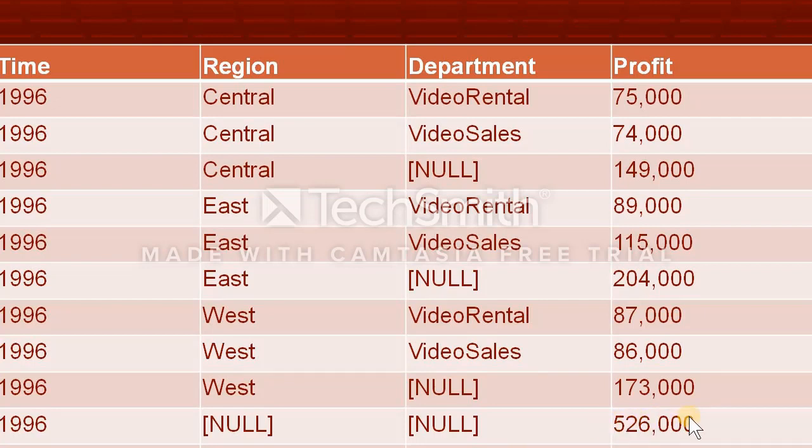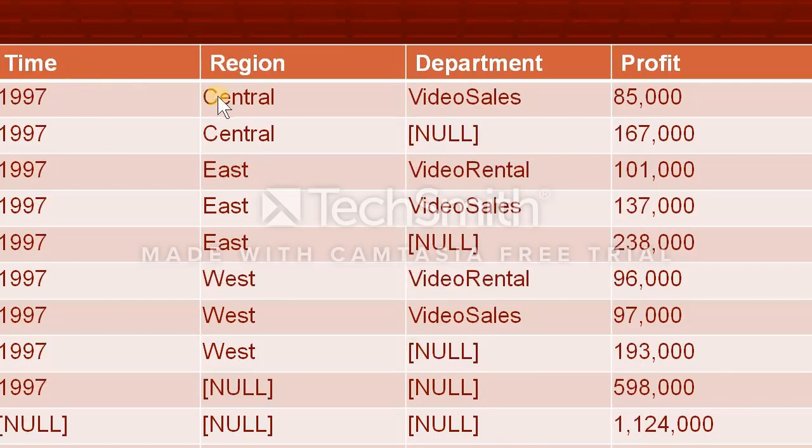Now the similar thing will repeat for 1997 for the central region, and in the central region for all the departments. If we take a look at the last rows, it is again calculating for 1997 for the central region for the video rental department, and similarly for the central region 1997 video sale department, and similarly the central region whole profit, and similarly for east and for west.